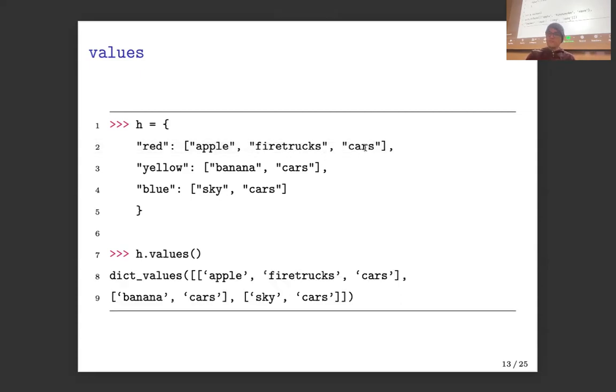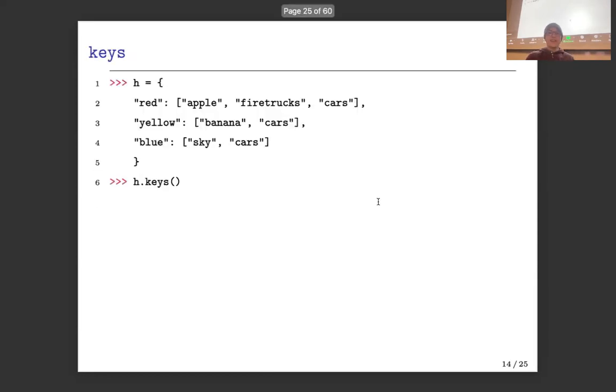So the values here are the apples, the fire trucks, the cars, like a list of lists. And the keys are all of these things that are colors here. So this is a dictionary keying colors to lists of things that are those colors. So things that are red: apple, fire trucks, cars; things that are yellow: banana, cars; things that are blue: sky and cars. So the keys here are going to be red, yellow, and blue.